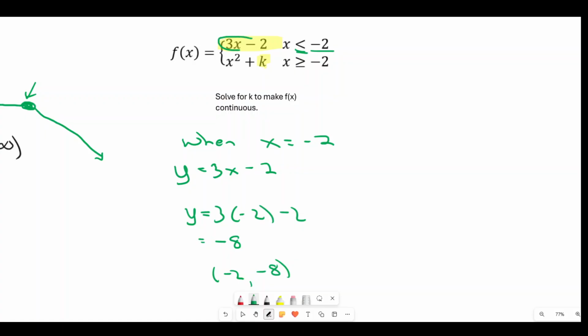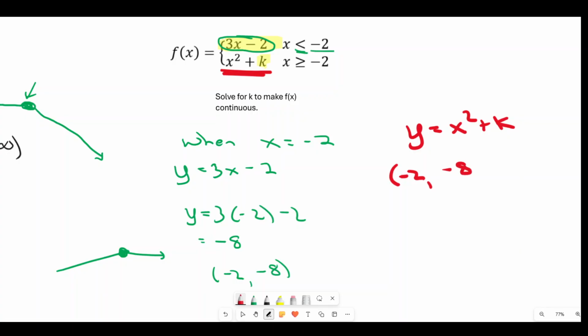So this straight line from the top function would end at negative 2, negative 8. Now it would end with an open circle, but as we've seen, if I have an open circle and then the next function starts in the same spot, it fills that circle and gives me continuity. So that means I need the second function, which right now says y equals x squared plus k, to have the point negative 2, negative 8 on it, right?